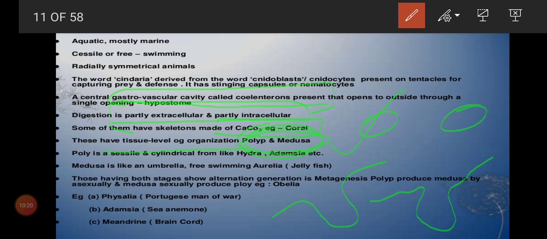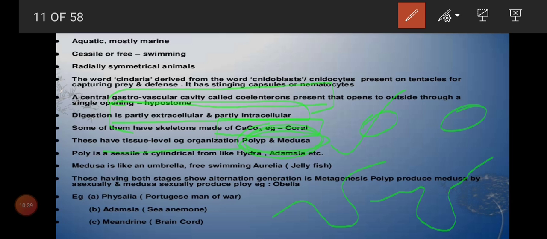This polyp can change into medusa, and after medusa, through sexual reproduction, it forms a polyp again. Like that, alternation of generation occurs between polyp and medusa in the species Obelia.